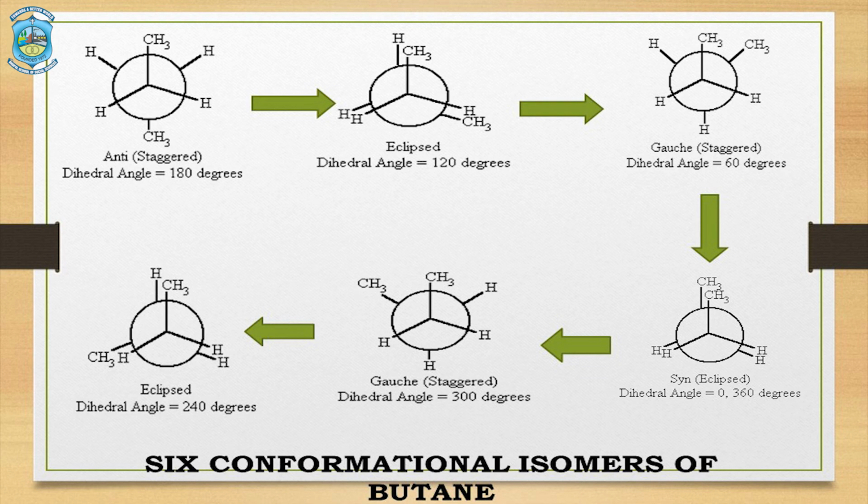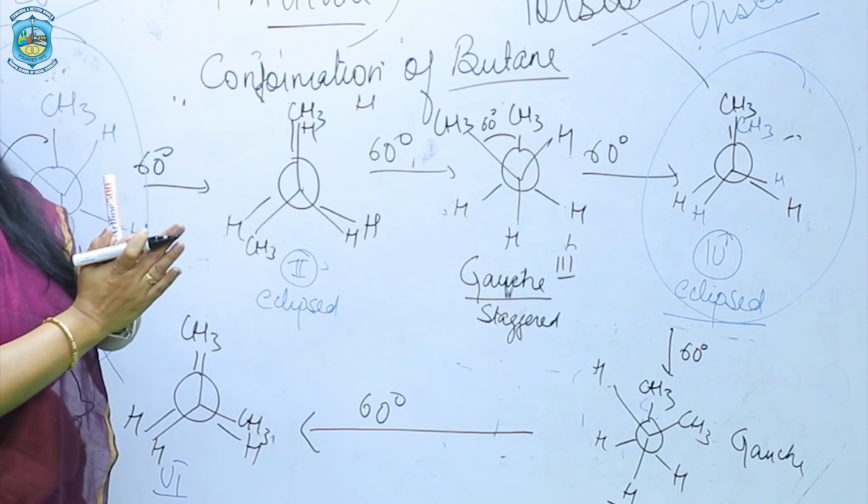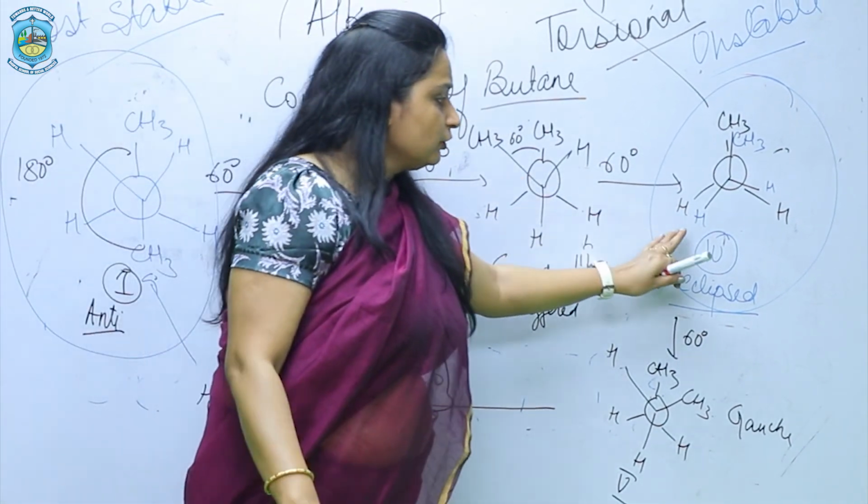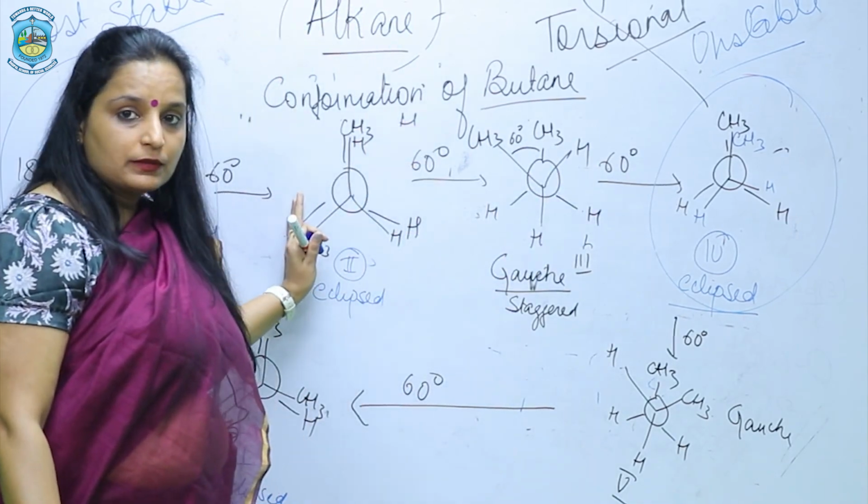Why? Because this structure is experiencing two types of strain. First one is the steric strain and second one is the torsional strain. However, the other eclipsed structures are just experiencing torsional strain due to the two CH bonds and CH3 bonds occupying the common space. So, these are basically eclipsed structures, but compared to this they are more stable.